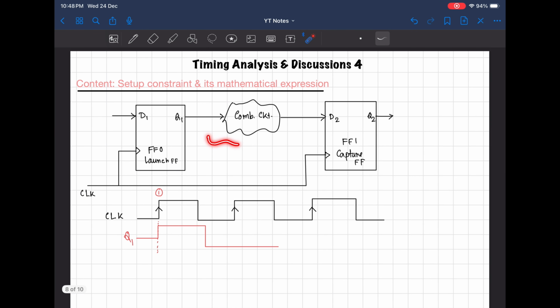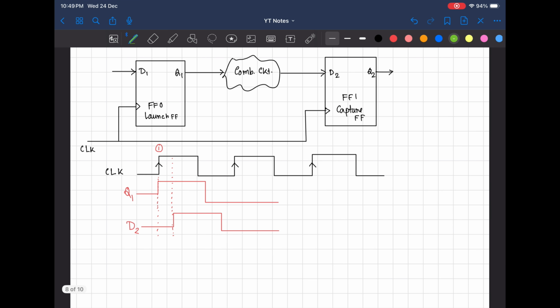Because of the combinational circuit delay, the data at the D2 point may be delayed by this much amount of time. This much delay is tolerable. But when the data is sampled at the next clock edge and we see the output at the Q2 point, the data should be stable by that point.